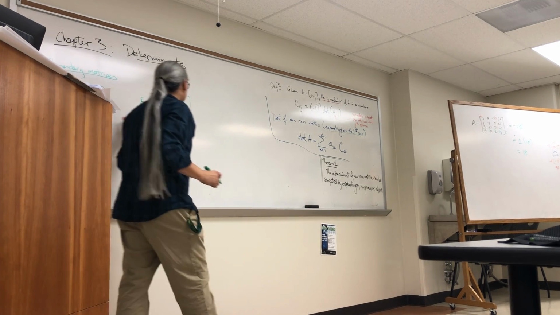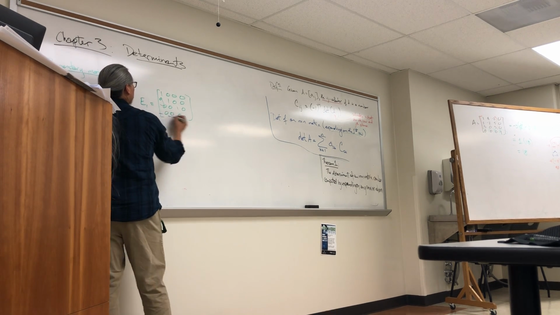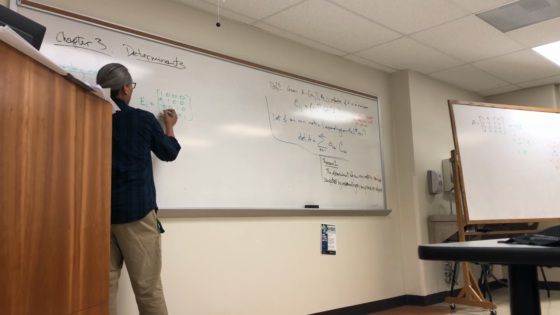So we see there's plenty of zeros to work with here, right? And so I would not want to do the first row or the second, or the first column or the second row, because that's going to give me two things. So I'll just pick one of them. What should we expand with? Let's find the determinant of this. Bottom row.